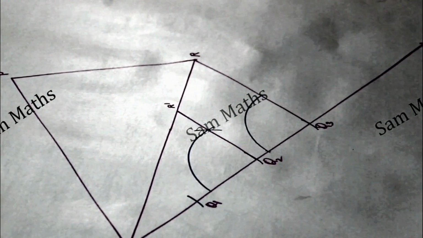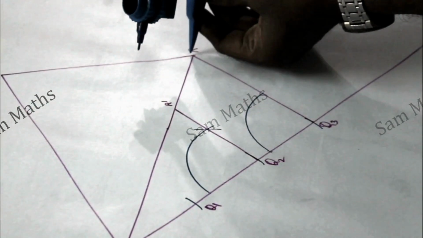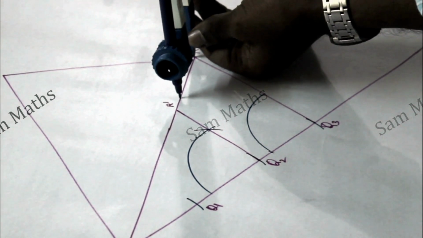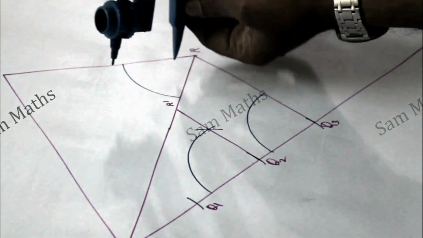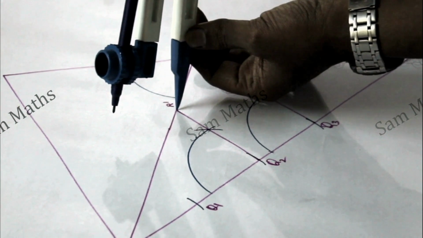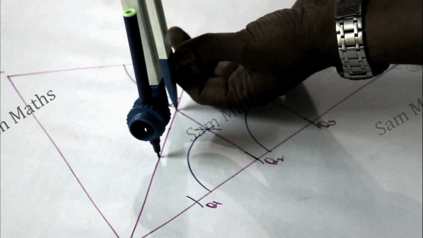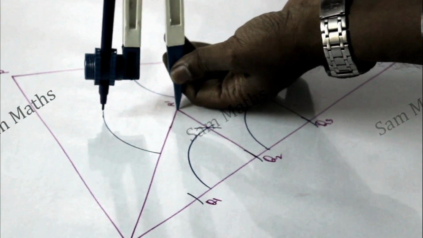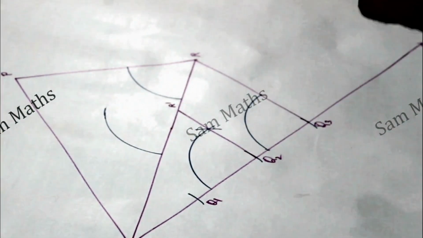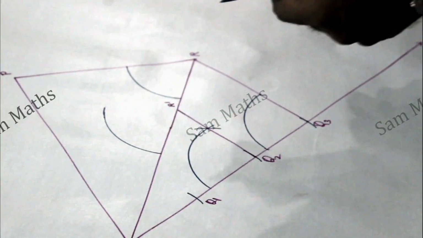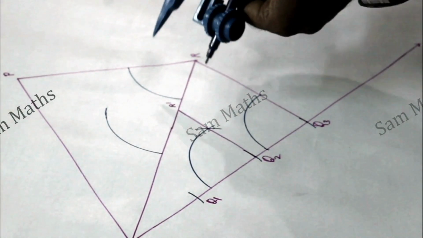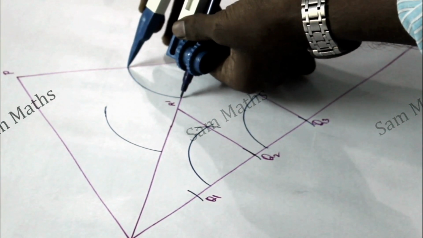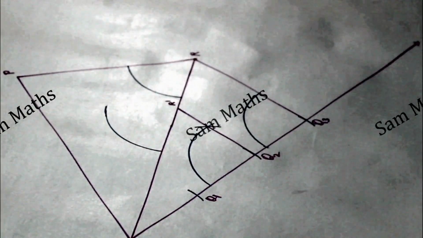Now R as center, you draw an arc like this. Then R dash as center with the same radius, you draw an arc. Clear, children? After that, you have to measure the length of the arc like this. This is the length of the arc.